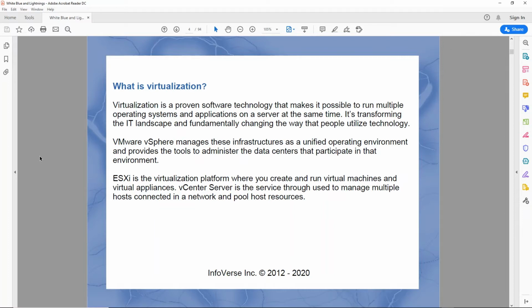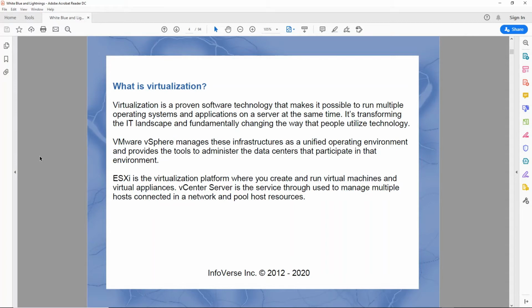Essentially, virtualization allows us to run multiple operating systems on a single server, and this is the reason it's transforming the IT landscape. It's also the underlying concept behind the public cloud, whether it's Amazon Web Services, Azure, or Google Cloud. VMware vSphere manages these infrastructures, sees them as a unified operating environment, and provides tools to manage that virtual infrastructure and the data centers that are created.